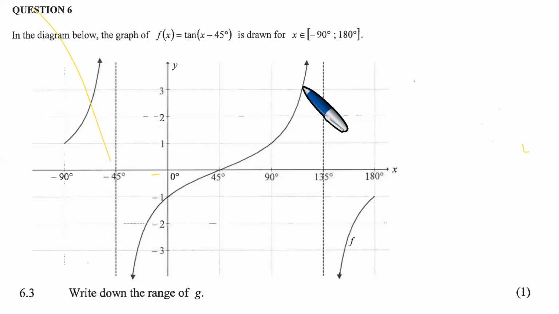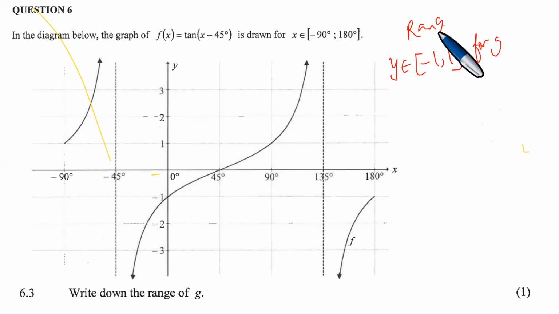It is an element of the interval from -1 to 1 for the function G. And this is the range. The range is a set of the y values. If you don't want to write it like this, you can write it like that, or you can say it lies between -1 and 1, and you're done. Next question.